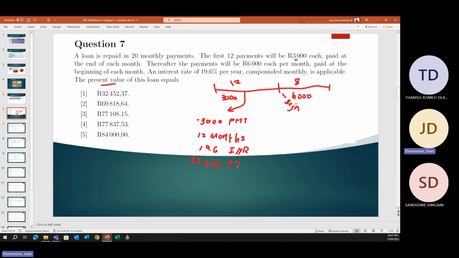Okay, so the first component that we worked out is actually the first answer, but obviously we still need to work out a second component as well.